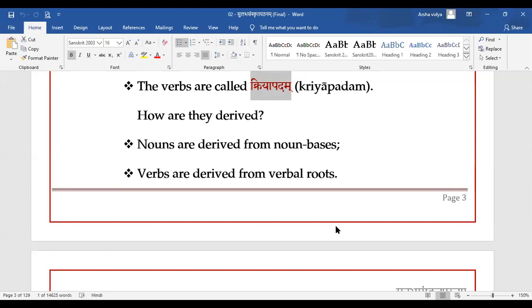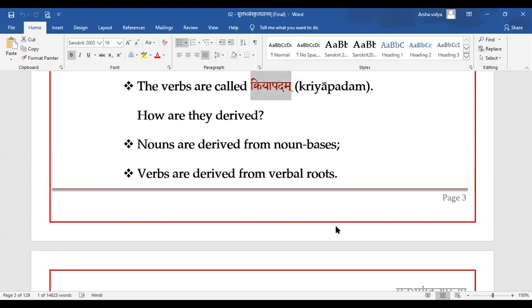And from a dhatu, from a verbal root, verbal form is derived. Kriyapadam is derived. Understand? From a noun base, we get noun forms. From a verbal root, we get verbal forms.